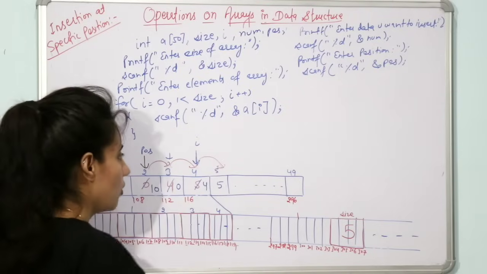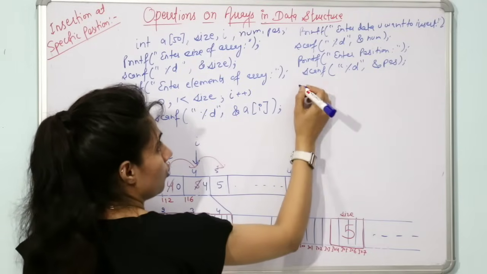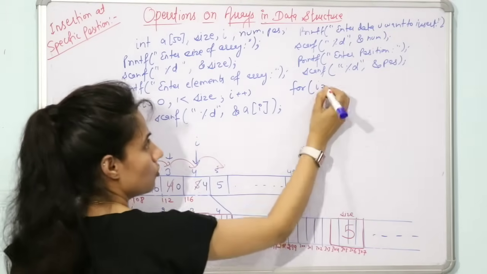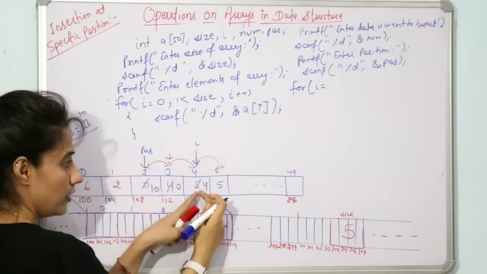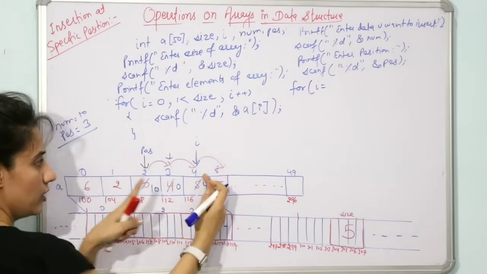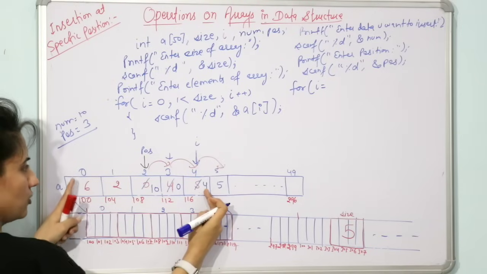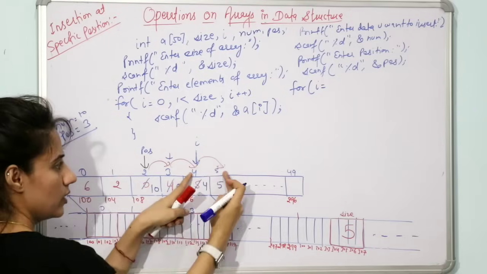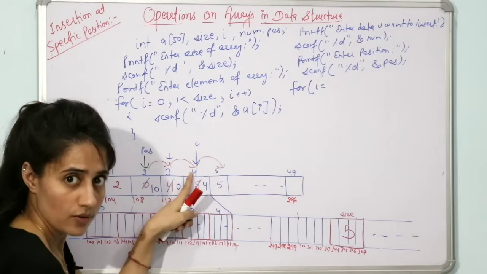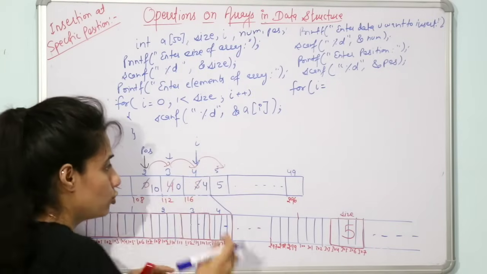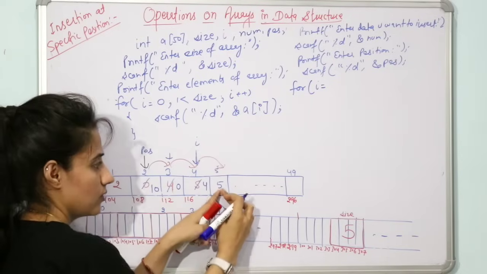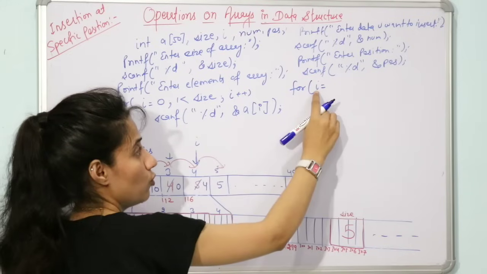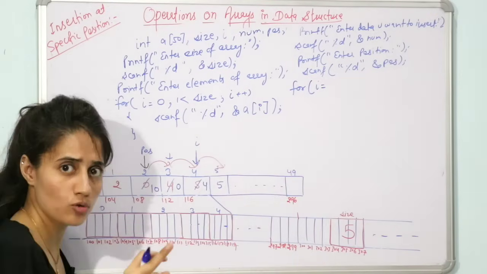Fine. So now you will write a for loop for shifting, and we will start this for loop from where? Initially we are having only 5 elements from 0 to 4. So we have started our loop from here and we have shifted this to this. Two ways are there. You can also start our for loop from size. See, size is 5, so you can start the for loop with I equal to size, that is also fine.